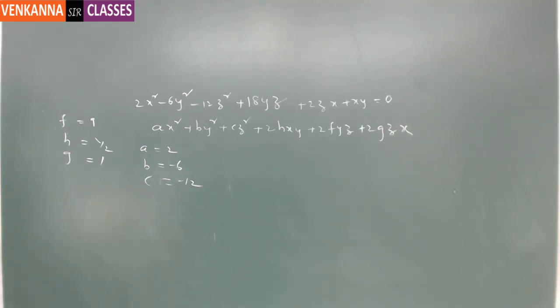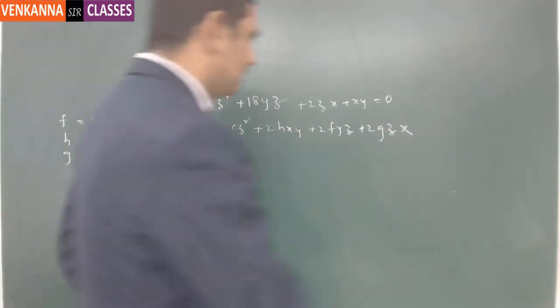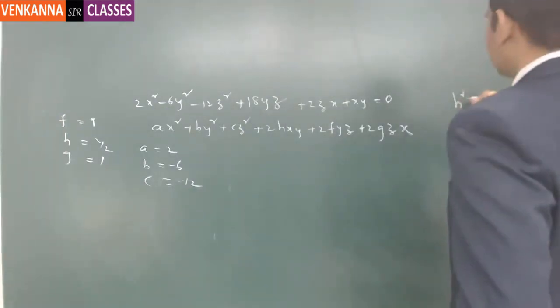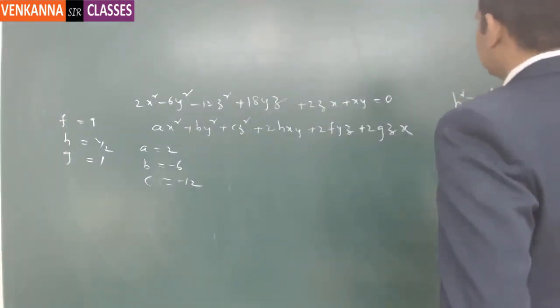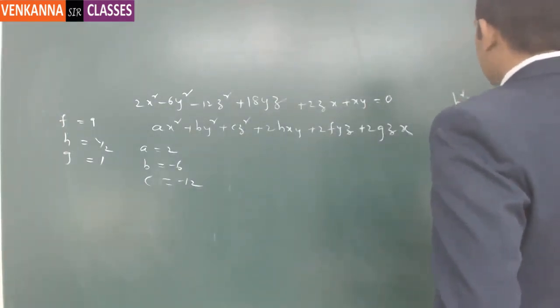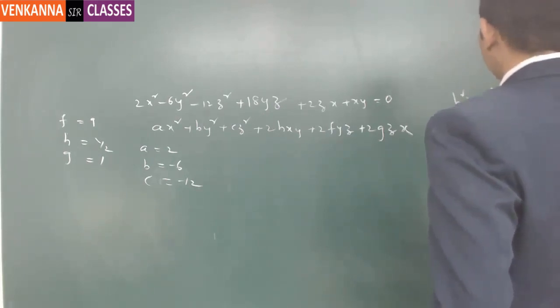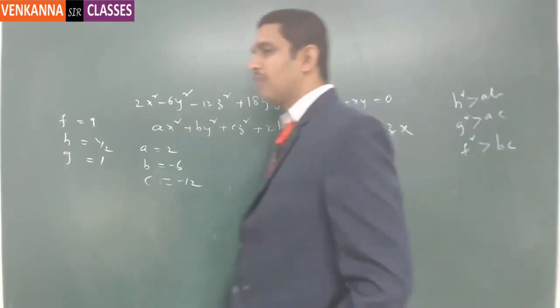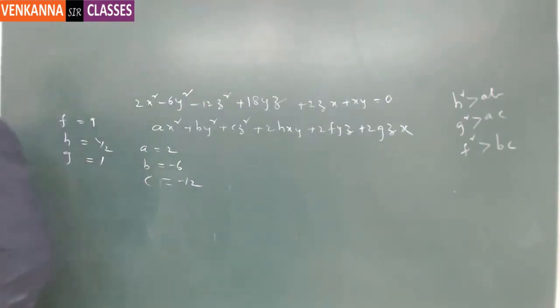Now I request you to calculate the determinant which I have given to you and tell me whether it is 0 or not. And secondly, please verify the conditions that h square greater than ab, g square greater than ac, and f square greater than bc. Then only it represents a pair of planes. And after applying cos theta, give me the angle value.